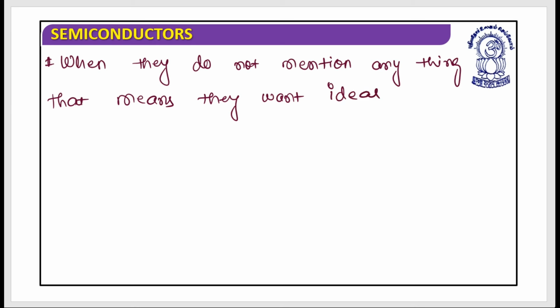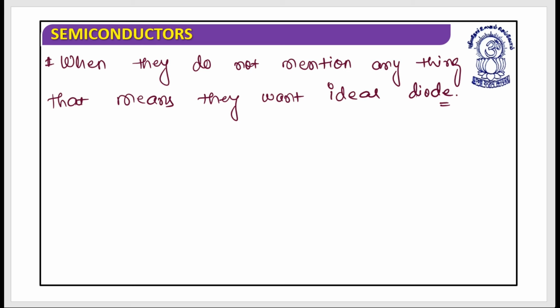This is the default situation. I hope this is clear. Is it clear? If they want a practical diode to be considered, they are going to mention it generally. And if they are not mentioning anything, that means you need to deal with the ideal diode and go for it. So everything is clear?